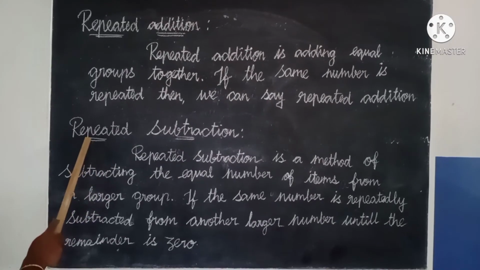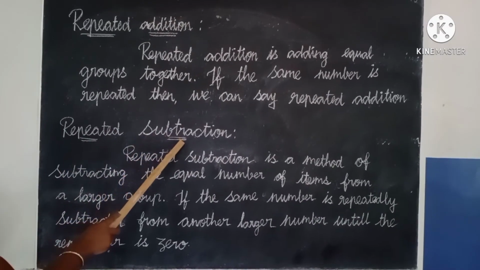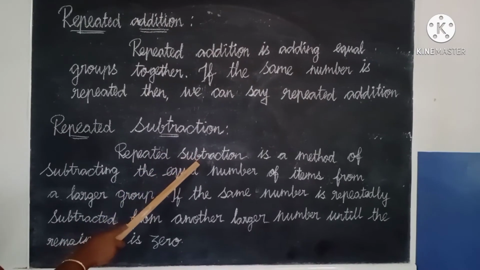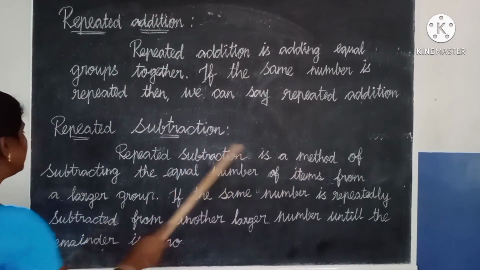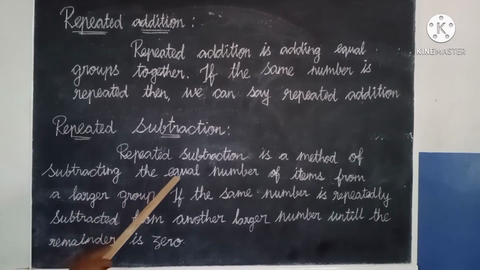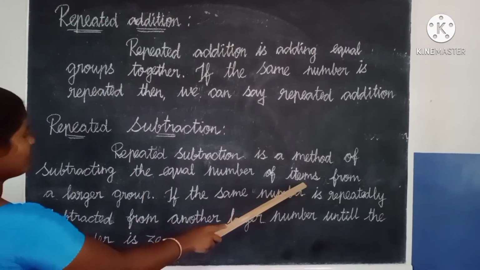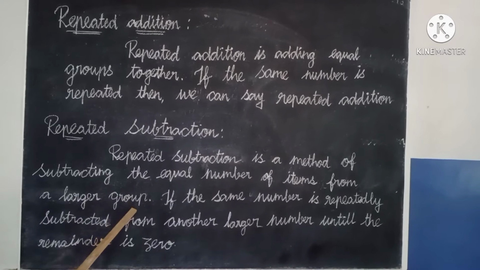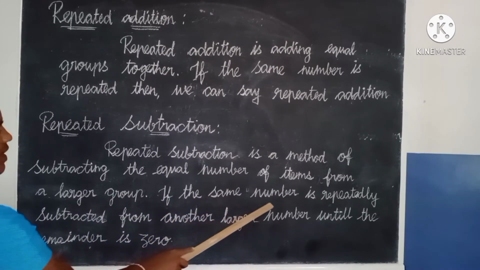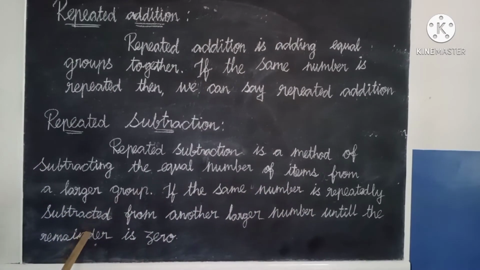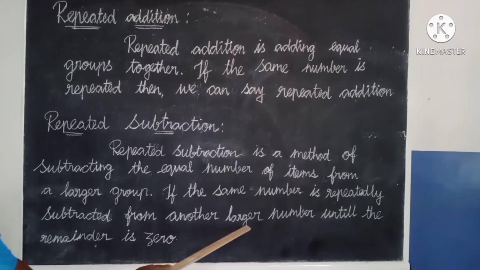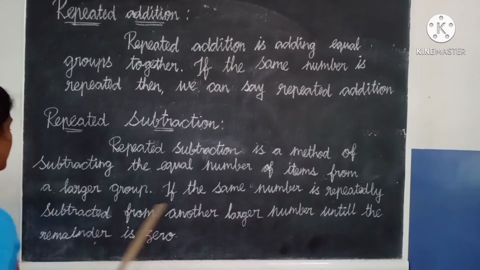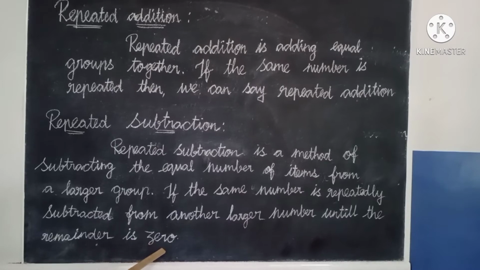Next, we are going to see repeated subtraction. Repeated subtraction is a method of subtracting the equal number of items from a larger group. If the same number is repeatedly subtracted from another larger number until the remainder is 0.